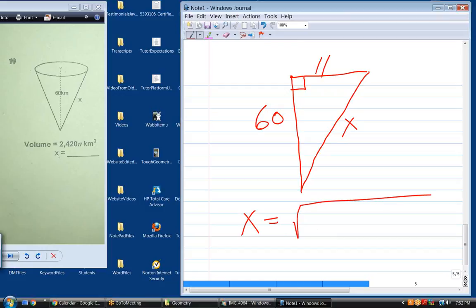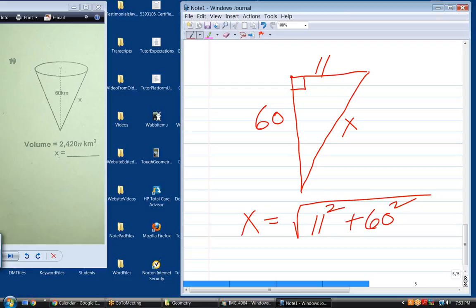That's what people leave out whenever they make a mistake on solving right triangles. It's almost always because they leave out the square root sign. So what is it the square root of? 11 squared plus 60 squared equals c squared.